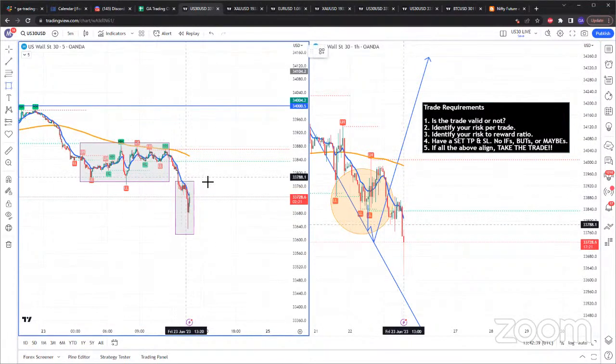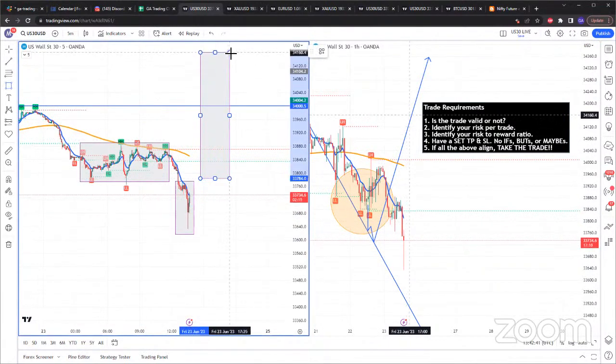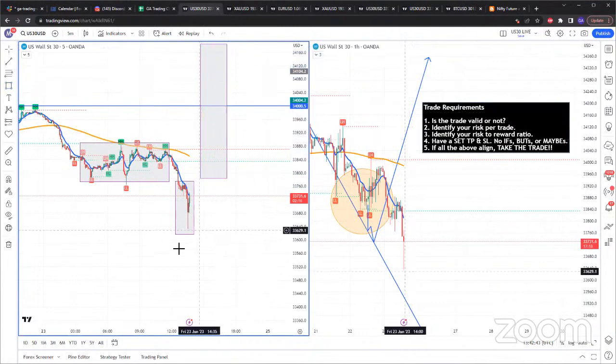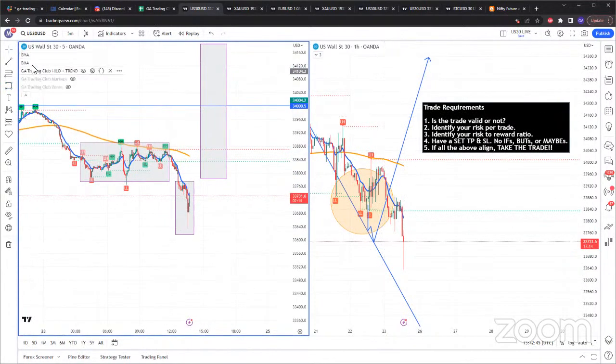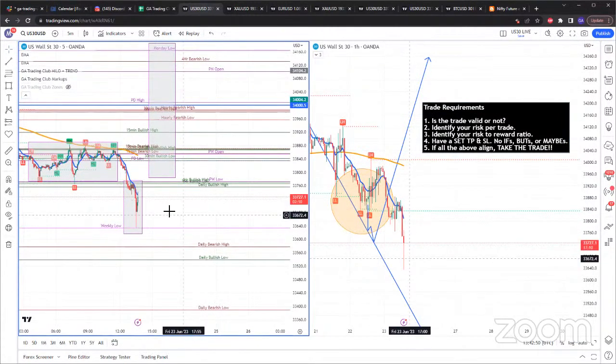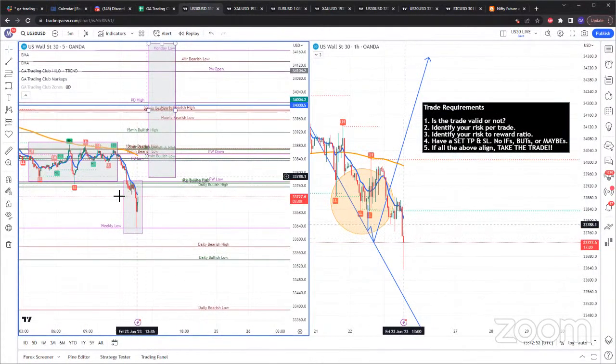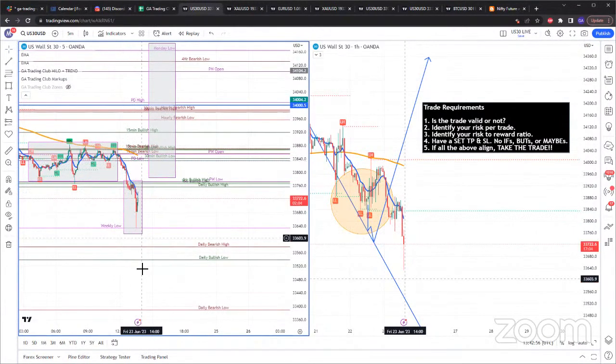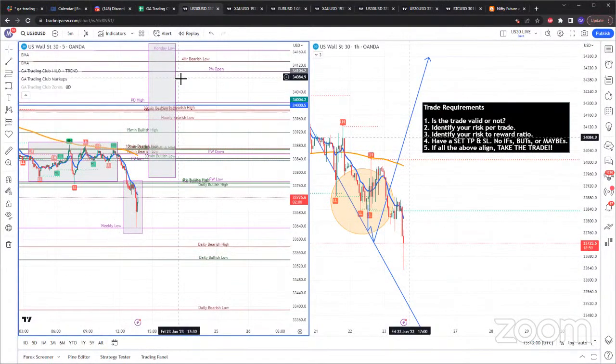And then I'm still expecting US 30 to break back up and distribution. I did mention yesterday, especially with high time frame order blocks like this daily, they know a lot of people are trying to buy here or have buy stops here. So they try to fake people out to the downside and stop hunt, and then swing price all the way to the upside.